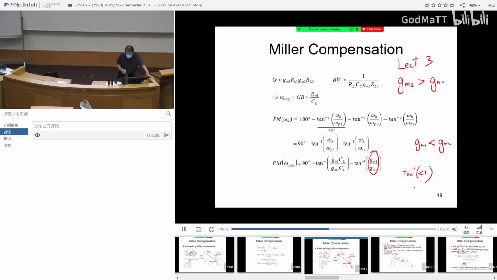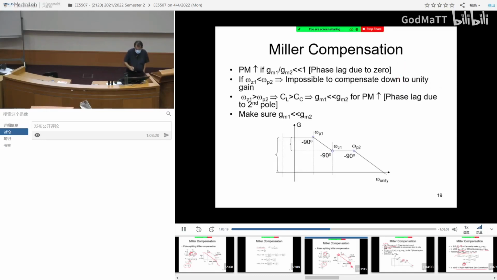So the phase that you contribute will be less than 45 degree. Right? Because 1 becomes 45 degree. That is the reason why we want gm1 to be smaller than gm2. In fact, we want gm1 to be much smaller than gm2. Okay? So in OTA design, we always do that. So same thing here, by picking gm1 less than gm2, we also make the phase smaller. So you want to make these two phase contributions smaller, so that you can have larger phase margin. So the reason why you pick gm2 bigger than gm1 comes from here, the phase margin consideration.